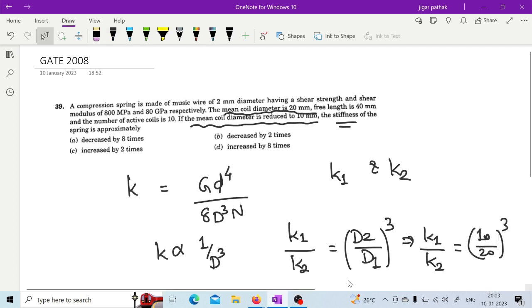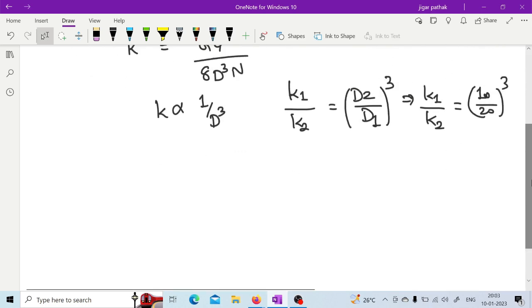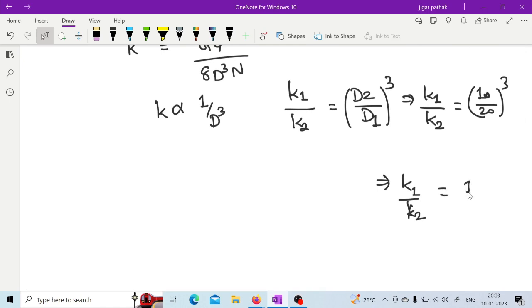So once you simplify this, then what you will get, K1 by K2 is equal to 1 by 8, which means K2 is 8 times K1.